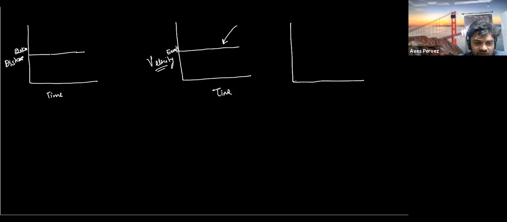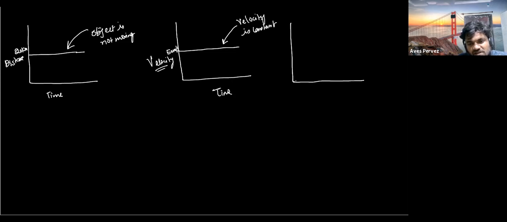The graph will be like this. The car is in parking, and it will be considered as the object is not moving here. And it means the velocity is constant. Object is in uniform motion.